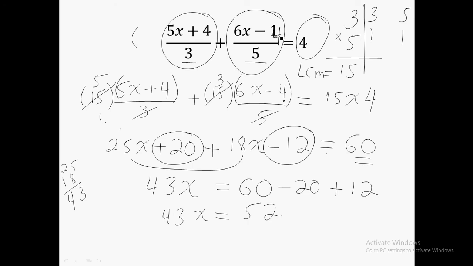We work with 4, so no problem. We divide by 43 on both sides, so x will be 52 over 43. This is the value of x, students.